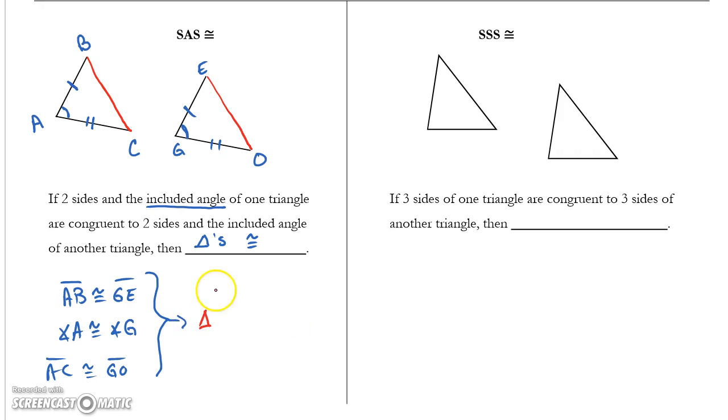So now when I'm naming my triangles here, the first one I can name anything I want. I'll name it triangle ABC. It is congruent to triangle. Now my second one must match up with my corresponding parts. I know angle A is congruent to angle G, so I have to list angle G first.